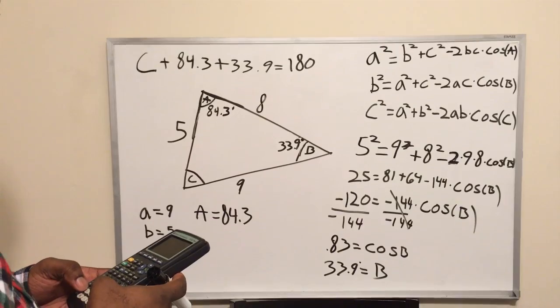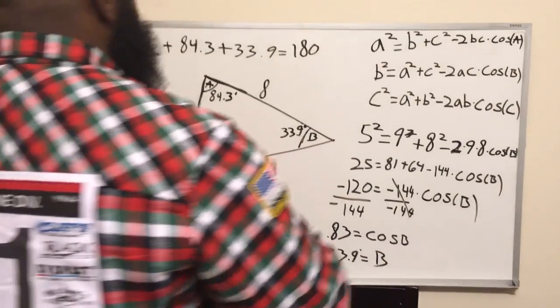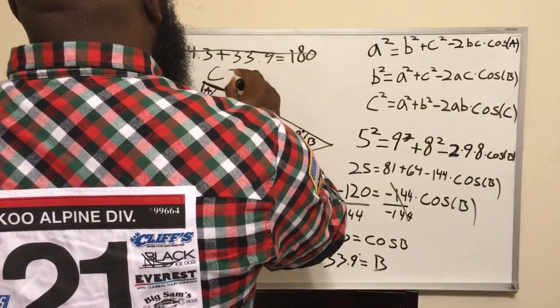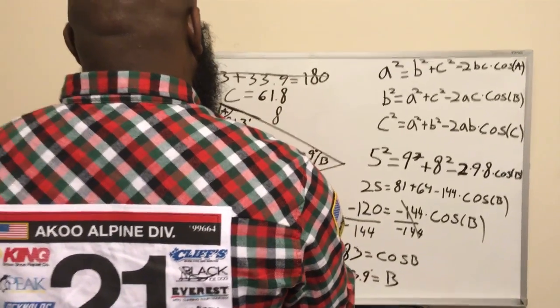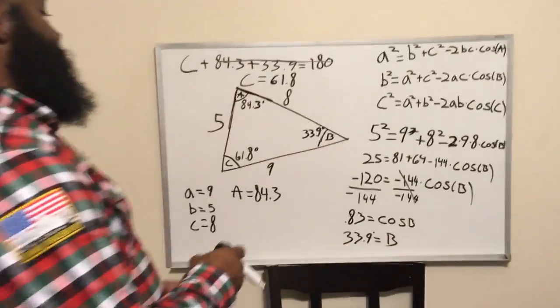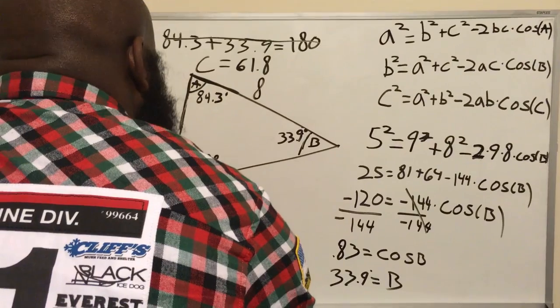So 180 minus 118.2 is 61.8. So C equals 61.8. That is your complete triangle.